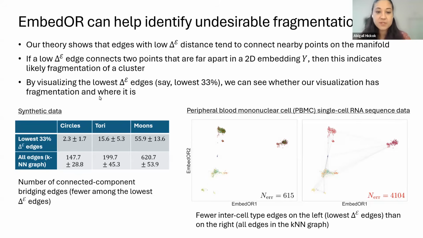Here we have ground truth cell types, and we find that in general, there are many fewer inter-cell type edges among the low EmbedOR metric edges than compared to all the edges. So yeah, this EmbedOR metric is capturing something biologically significant as well in practice.